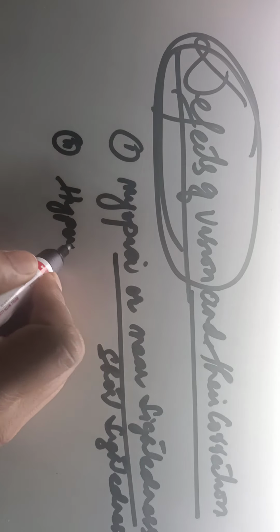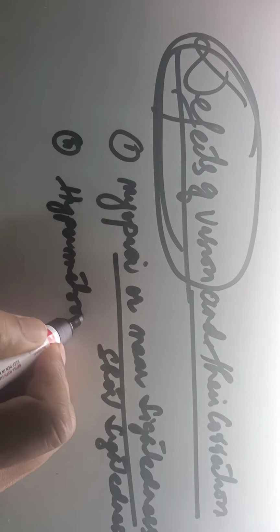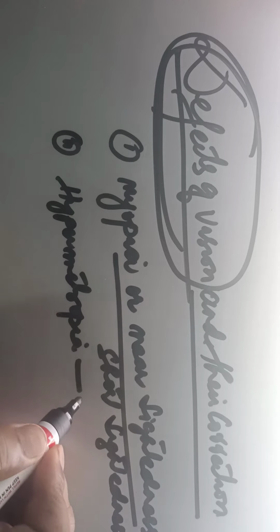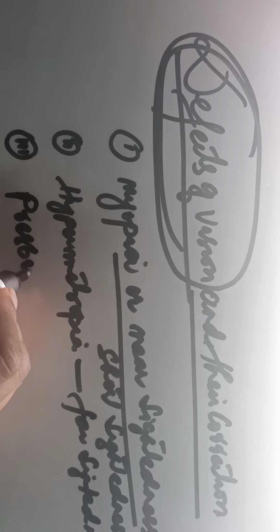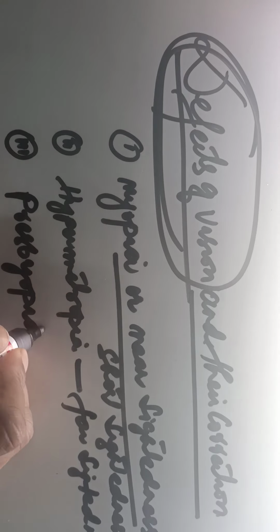The second one is hypermetropia, or we also call it far-sightedness, or long-sightedness. And the third one is called presbyopia.